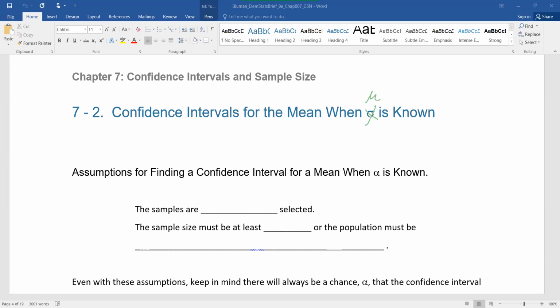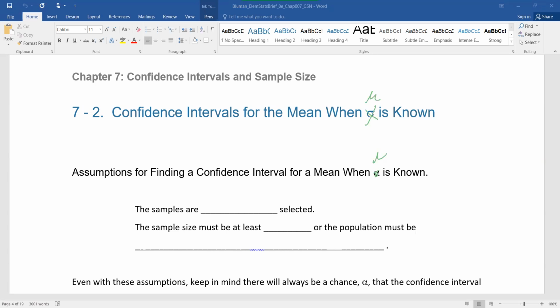All right, so here we go. Assumptions for finding a confidence interval for a mean when... See, but this says standard deviation is known. But then earlier, what was the mess up yesterday? The best point estimate of the population mean.